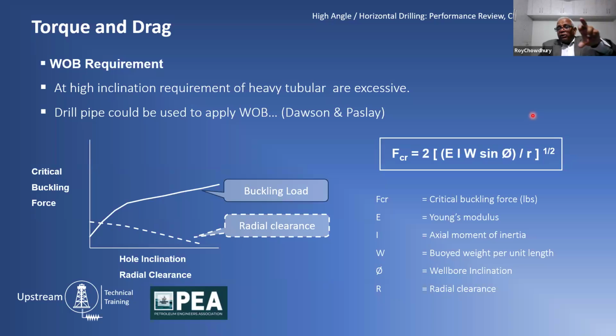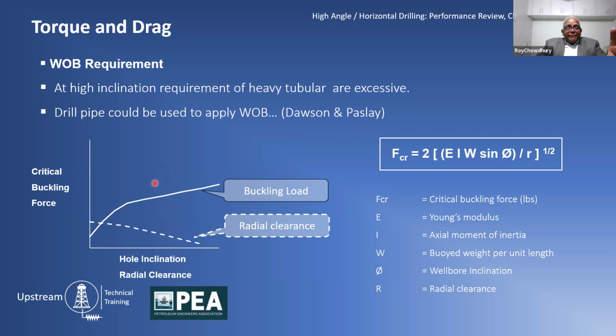So there is a big no-no to run the drill pipe in compression, but there is a lot of work and theories available. A lot of work has been done, and it is suggested by many people around the industry that you can run the drill pipe in compression. Obviously, you cannot run it all the way to compression because of the helical buckling and all. So it's about 80% with some safety margin, let's say 70%, and you can run the drill pipe in compression.